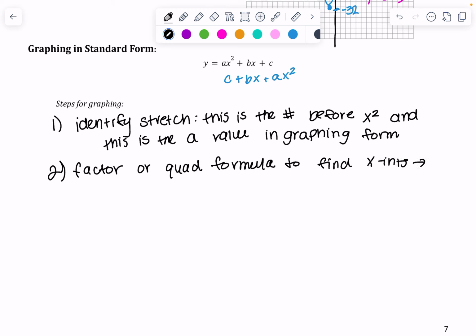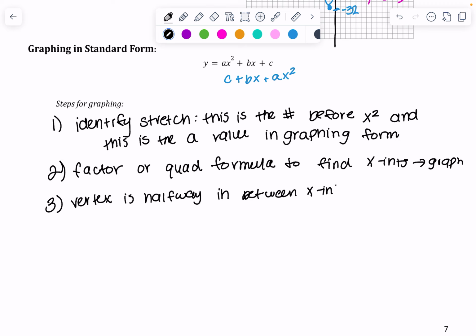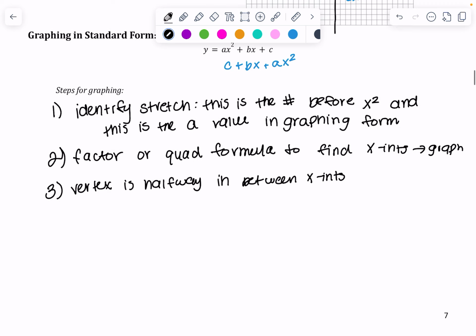And once we have those, we can go ahead and stick them on our graph. Third step is to find our vertex. And we know that the vertex is halfway in between our x-intercepts. If we're having trouble figuring out what that halfway number is, we can always find the average of our x-intercepts.